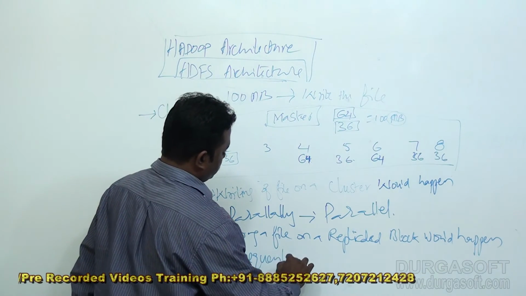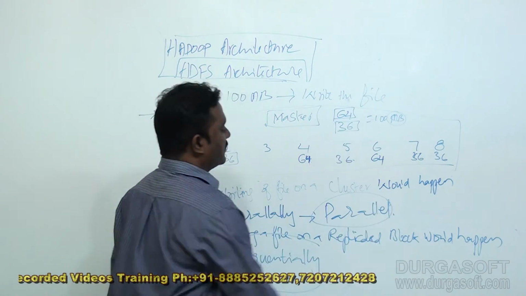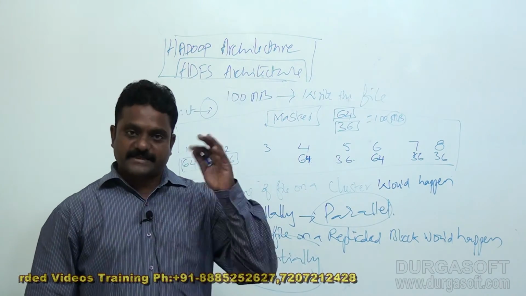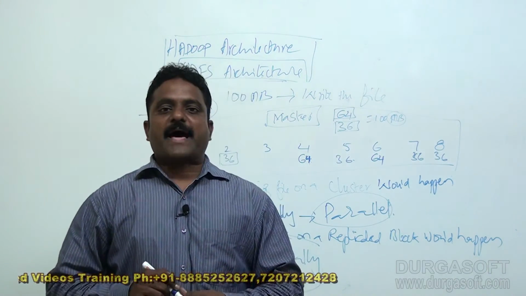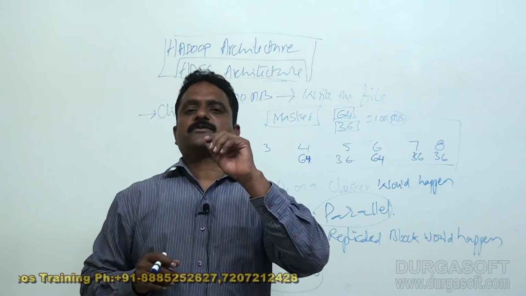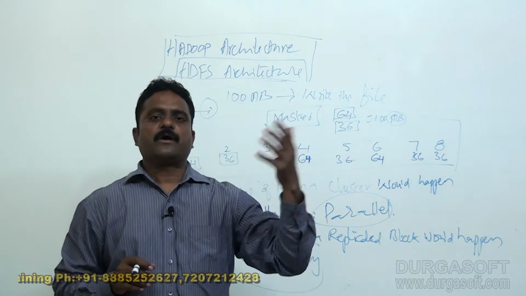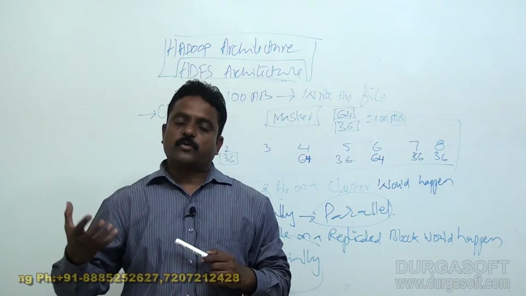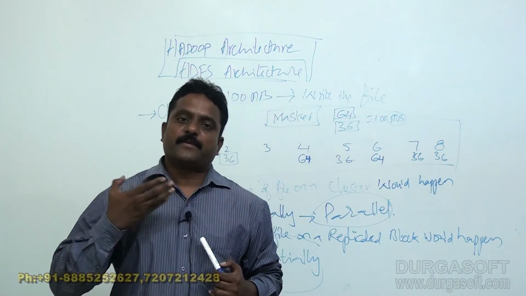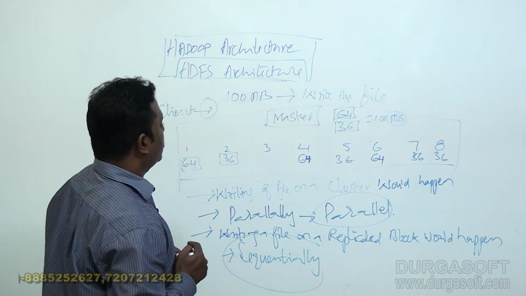This is very important. Writing the data on a cluster would happen parallelly, whereas writing the data on a replica depends on the availability of the nodes and the resources you have on the particular nodes of the cluster. So when you are replicating the data, that would happen sequentially and not parallelly.